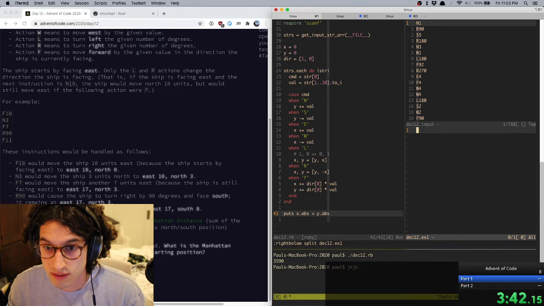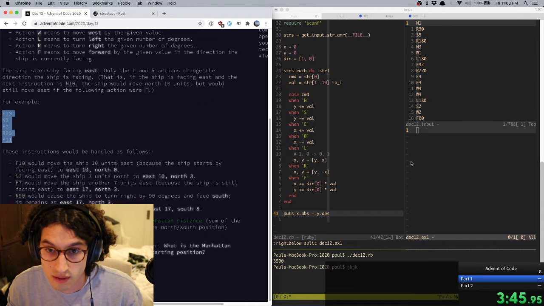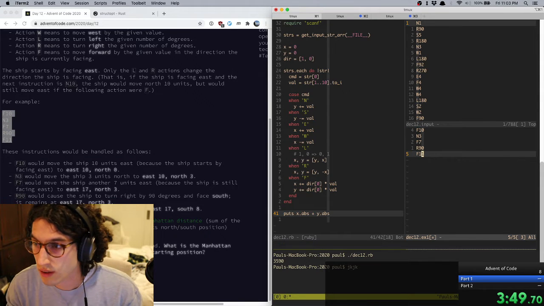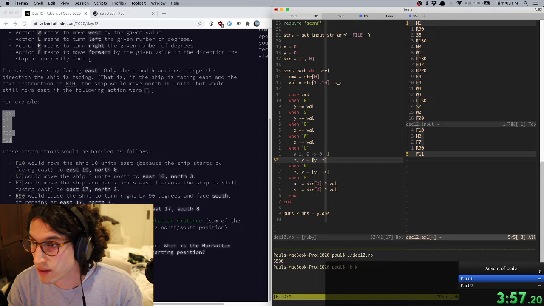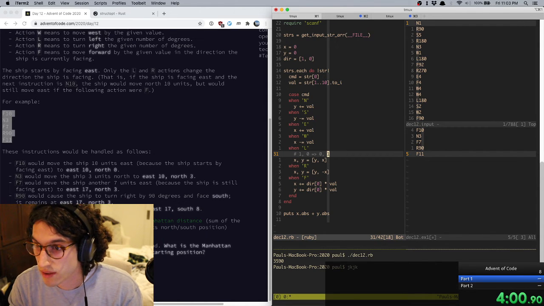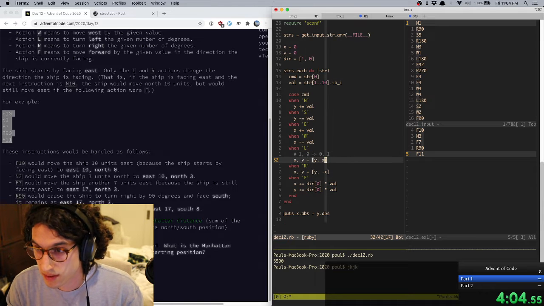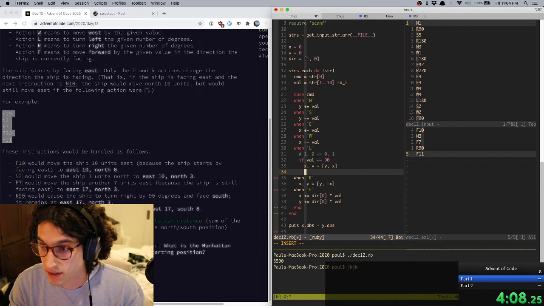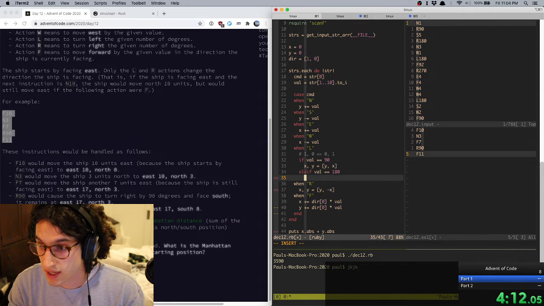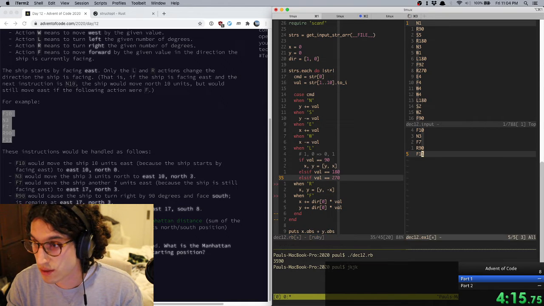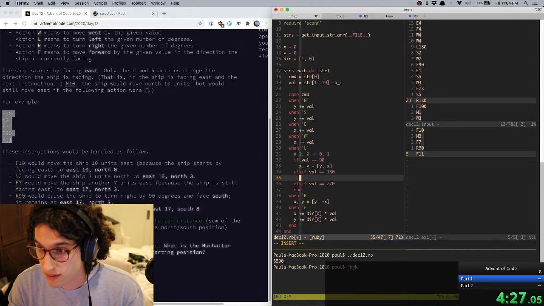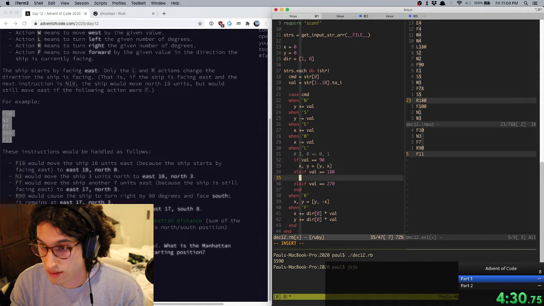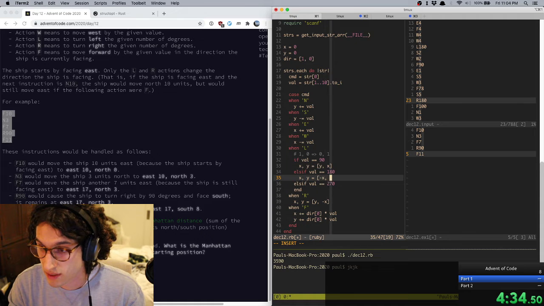December 12, example 1. If val equals 90, else if val equals 180, else if val equals 360. And x, y equals negative x, negative y.